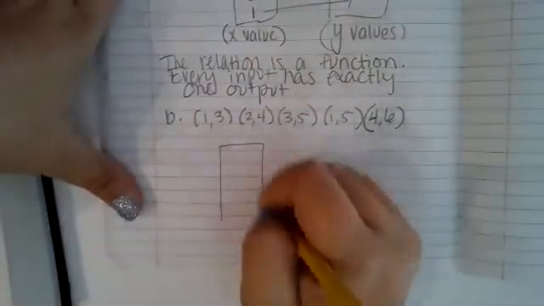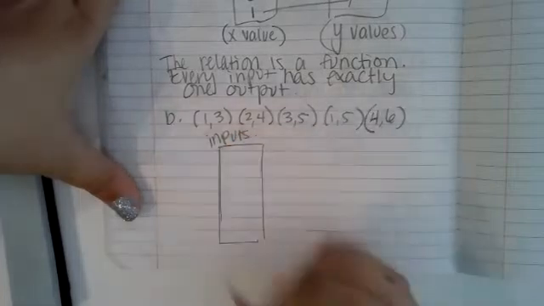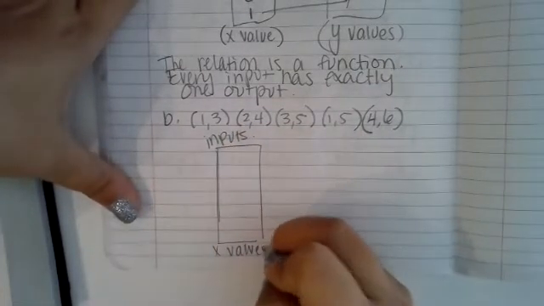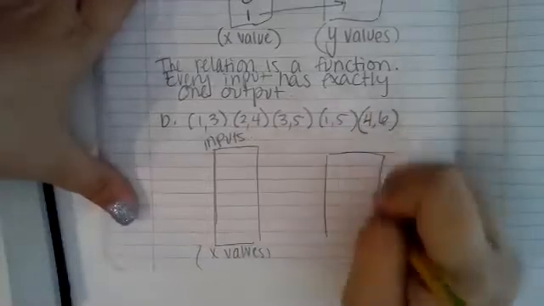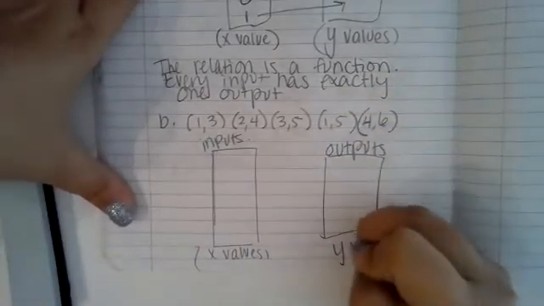So when we look here, again, I'm going to have my inputs. And this is my X values. And then over here, I have my outputs. This is my Y values.